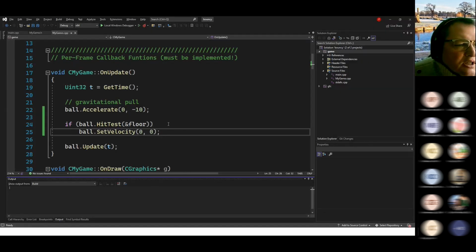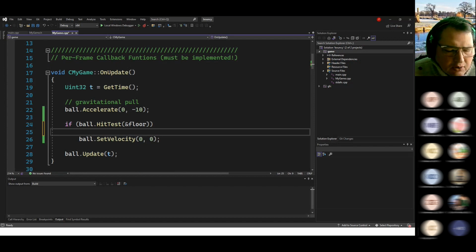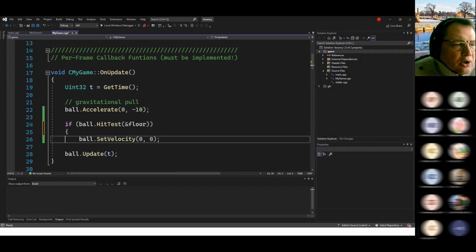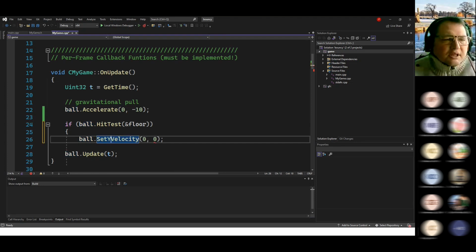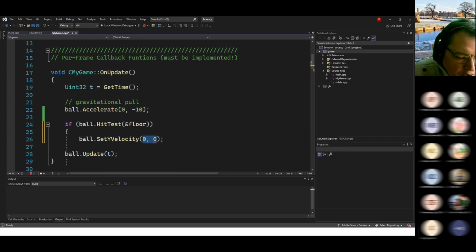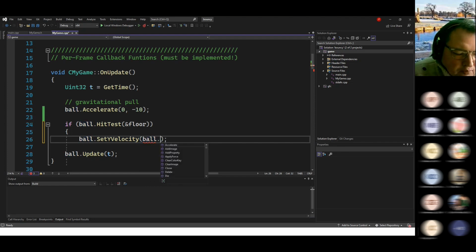And this gives me something I could use. In the case of a hit, instead of setting the velocity to 0, I could set the y velocity. I have special functions in GFC which only affect the x or y component of the velocity. So I could use one of them: set y velocity to the value of get y velocity.